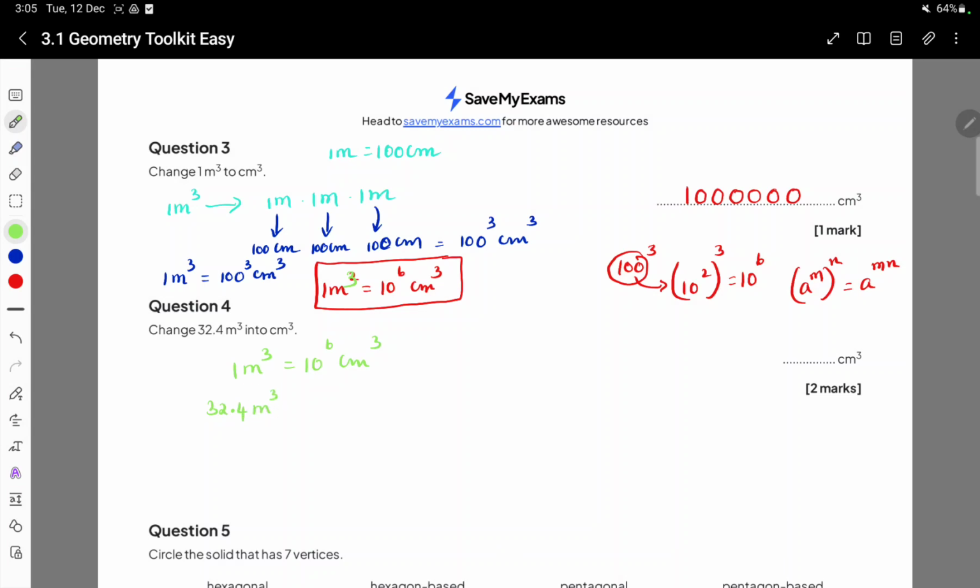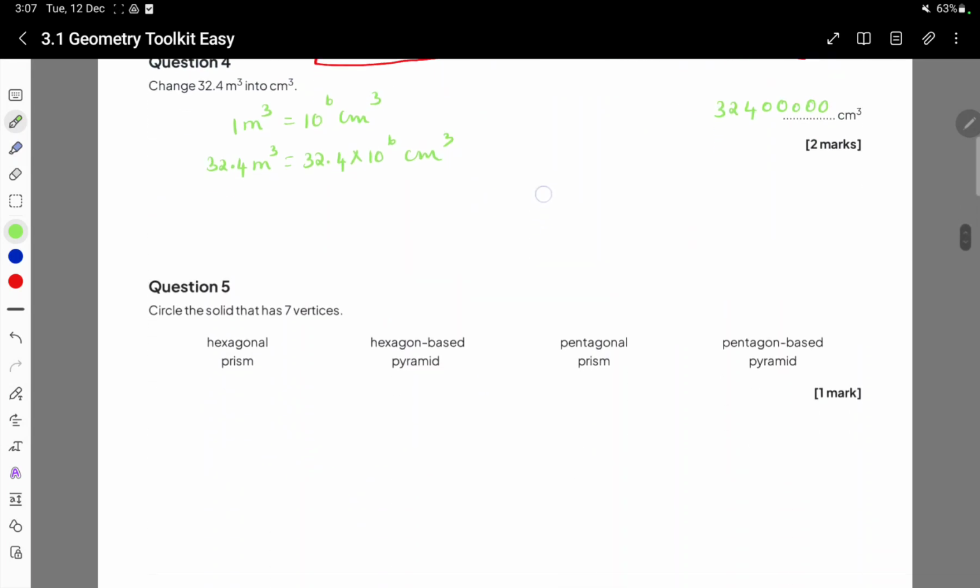If I multiply in the LHS, I have to multiply in the RHS also. So here, 32.4 into 10 power 6 centimeter cube. You can use a calculator to multiply this. The answer we get is 324 followed by 00 and 3 zeros, in centimeter cube.